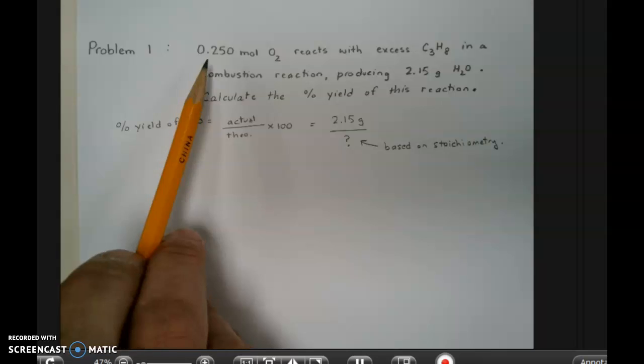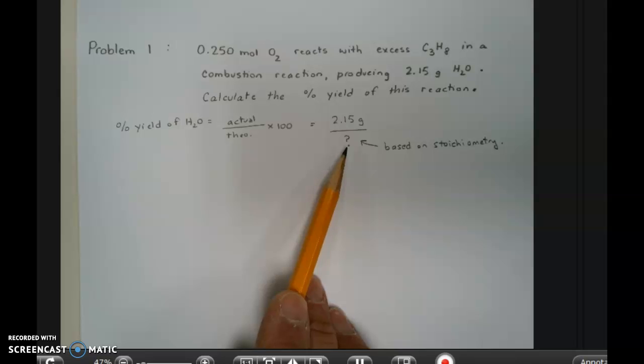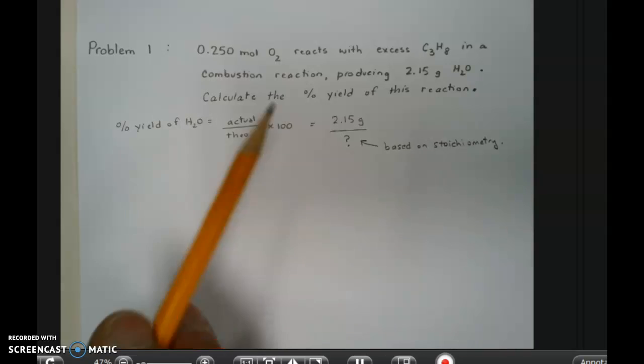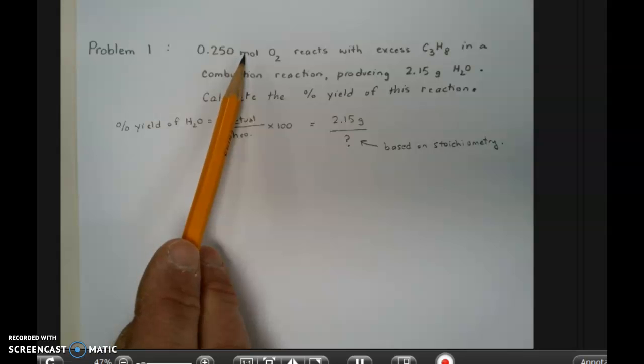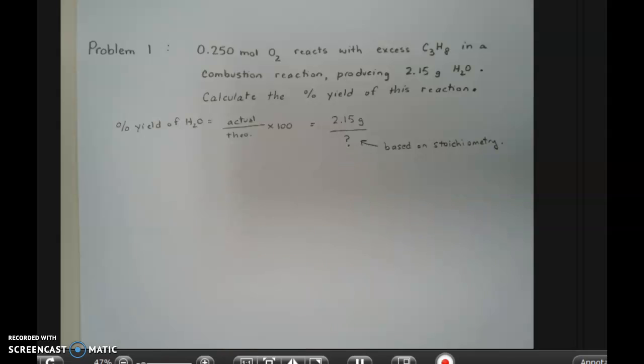So the 0.250 moles of oxygen should produce a theoretical amount of water. I want to calculate what that amount is. When I do that, that becomes my denominator in the percent yield formula. First thing we have to do, of course, is write a balanced equation. And then we're going to do some stoichiometry, converting the oxygen over to water, and then go to grams and plug that number in at the end.